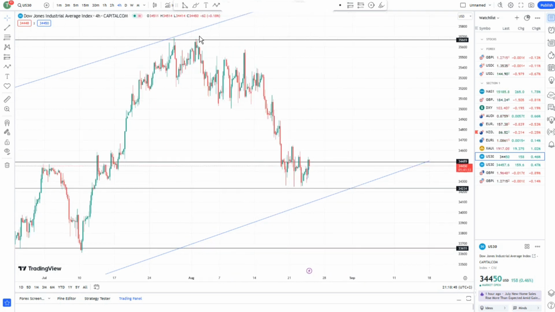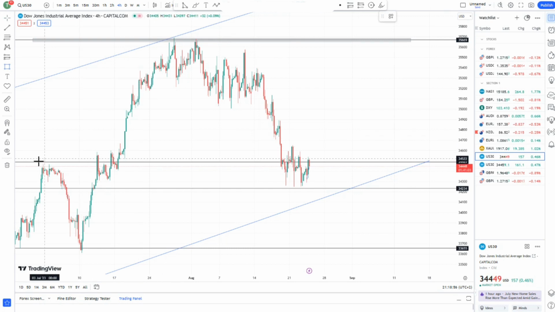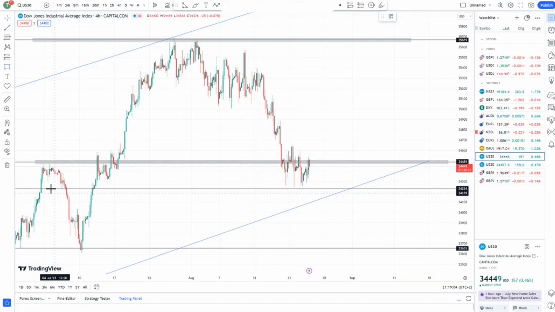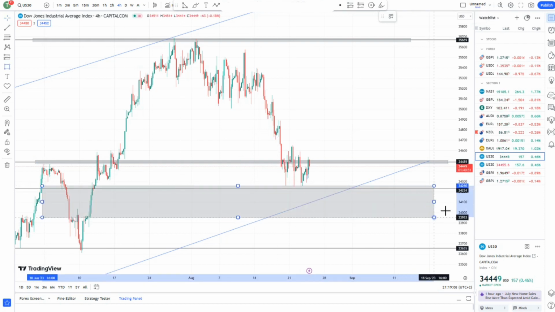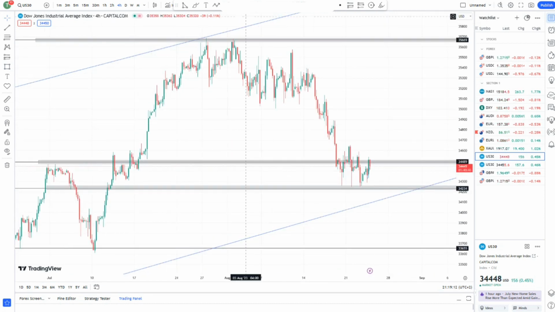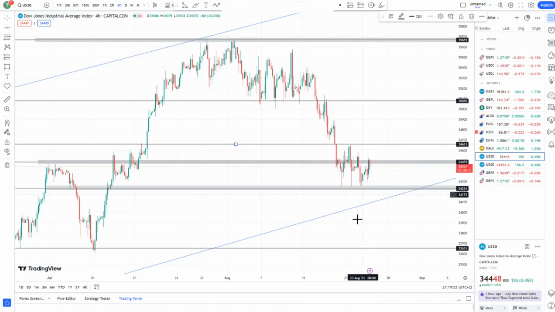So first things first, I think that's enough. Now look for my key levels in the 4 hour time frame. Good one. This one is valid too.